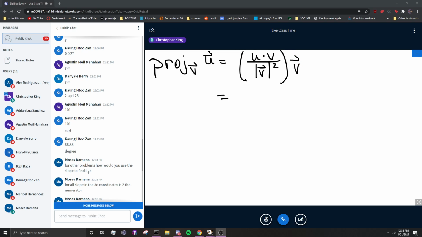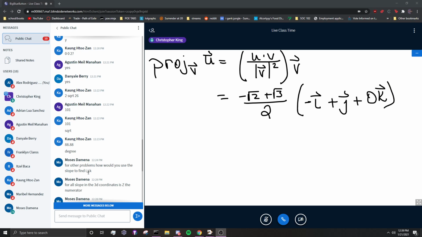We said the dot product was negative square root of 2 plus the square root of 3, over the magnitude of vector v, which is the square root of 2, but we're going to square it, so it becomes 2. We multiply that by vector v, which is negative 1 in the i direction plus 1 in the j direction. I'll put a placeholder of 0 in the k direction so it looks like a 3D vector. And that will be the projection.